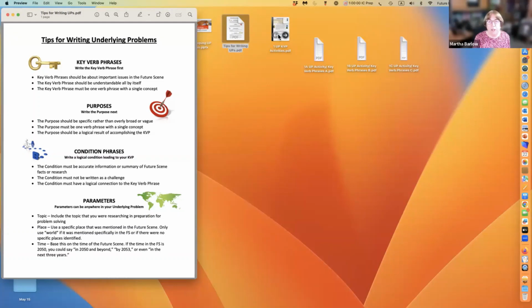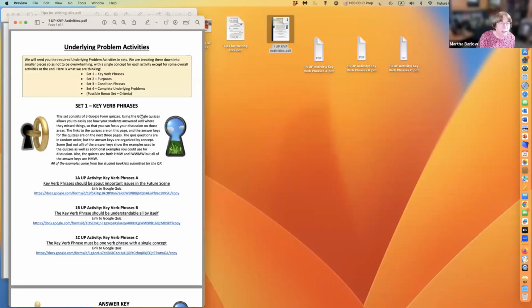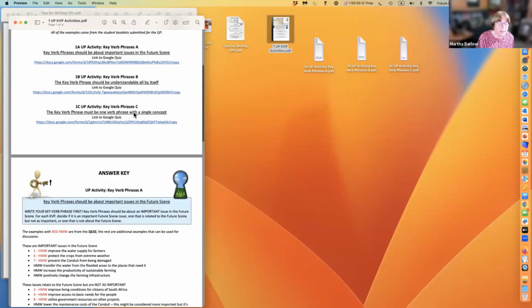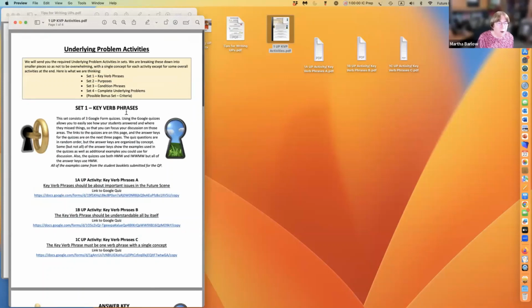The document that you would get looks like this, and this has all the information for key verb phrases. Right here is where you would click. I don't know if you can see my cursor there, but you would click, then you'd get the option to copy the quiz if you want to use that one, and for each of these.